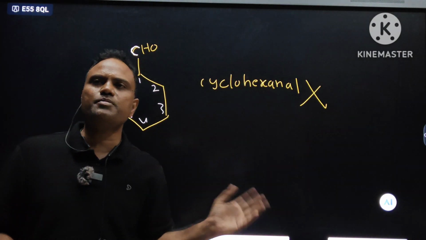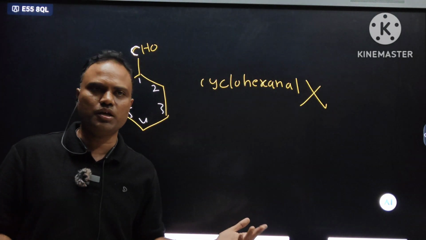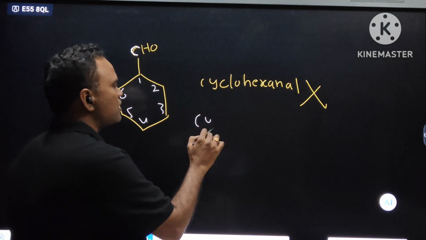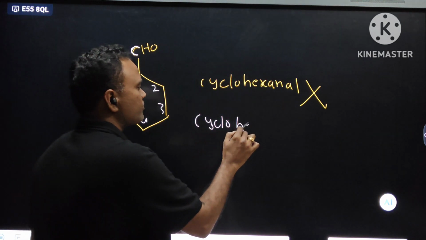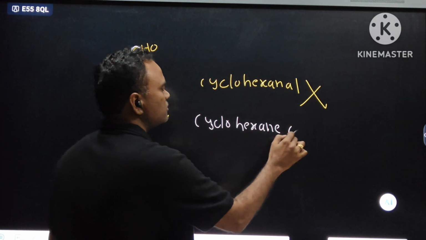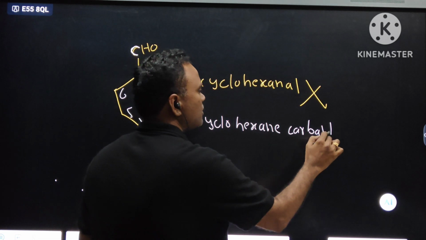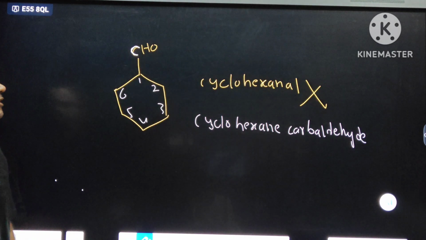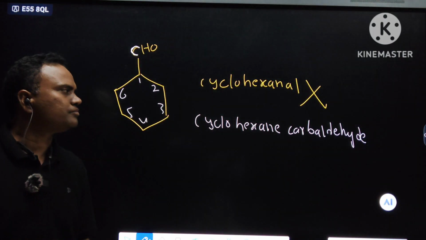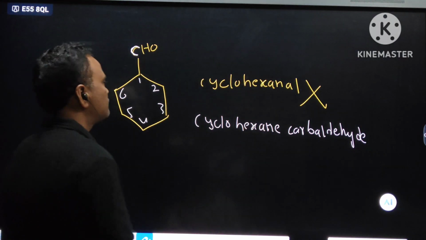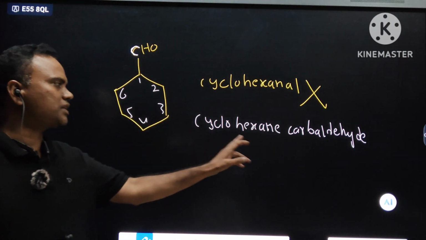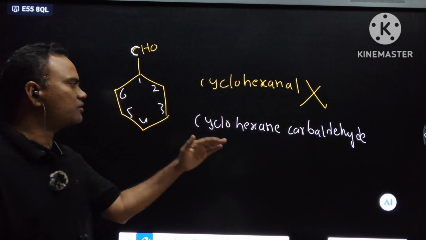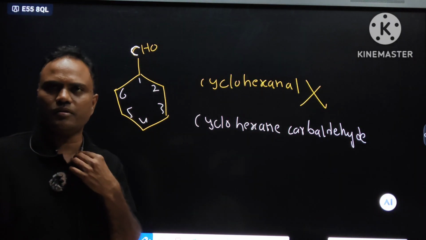So in this case also, the special word will come, carbaldehyde. Cyclohexane carbaldehyde. If 6 carbons are present, hexa. Cyclohexane carbaldehyde.